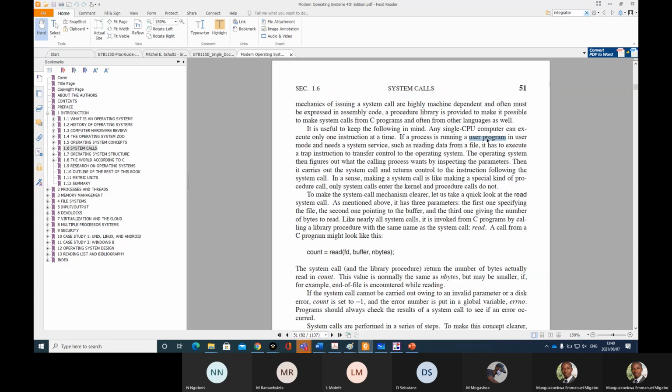If the system call cannot be carried out owing to an invalid parameter, meaning out of memory or any other reason, then the count, which gets incremented as data is read byte by byte, is normally set to -1 whenever there's an error.